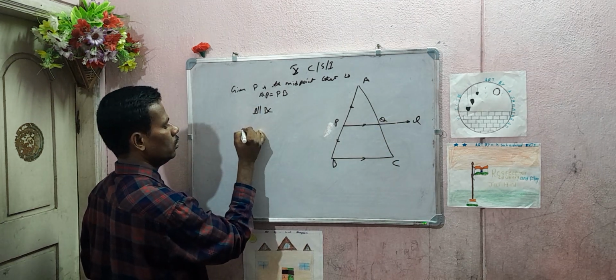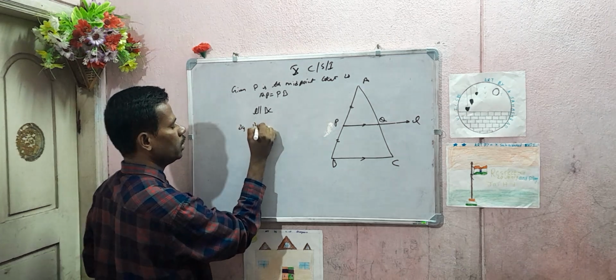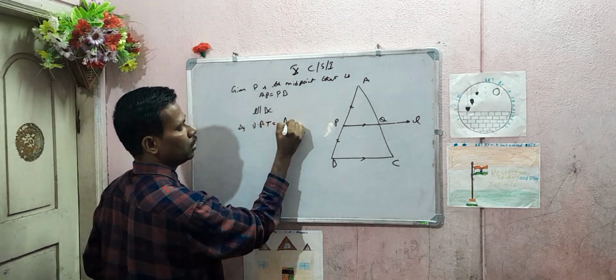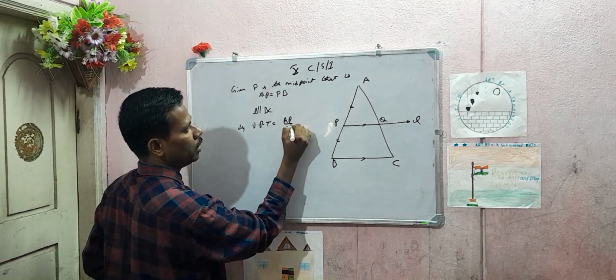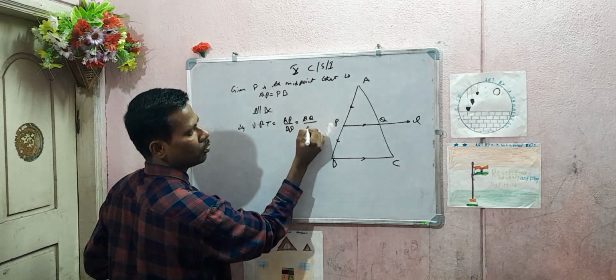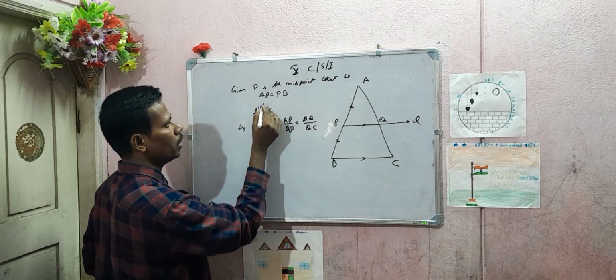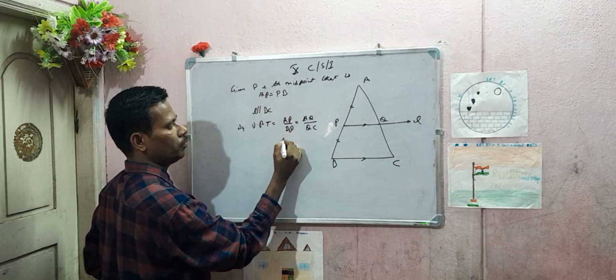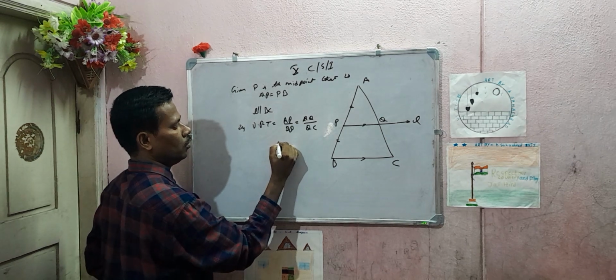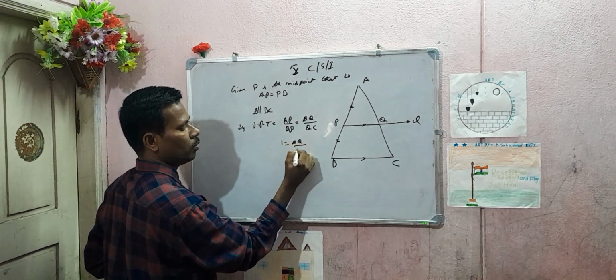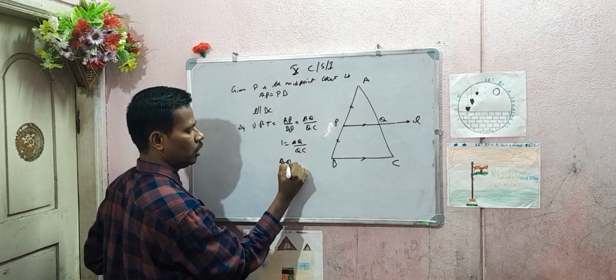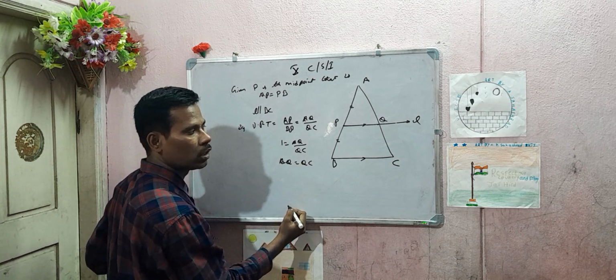Therefore, by the basic proportionality theorem, AP by BP is equal to AQ by QC. But AP length is the same as PB, both are same. So 1 is equal to AQ by QC. AQ is equal to QC.